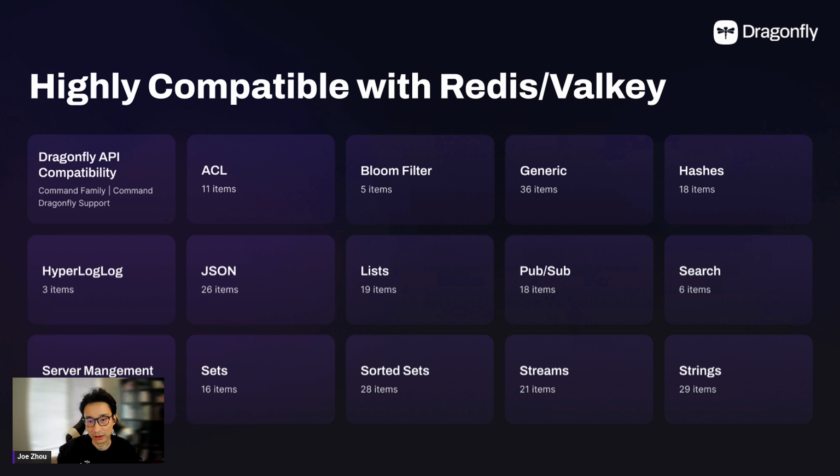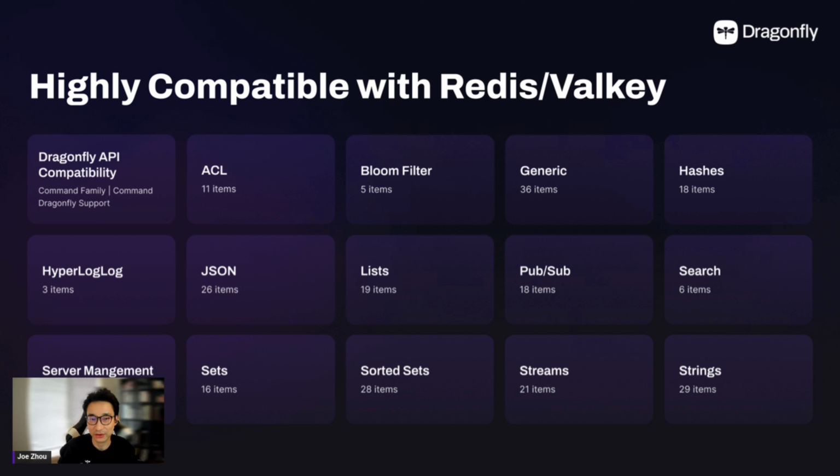But for the good parts, the Redis or nowadays Valkey API is awesome. Developers love it. I love it myself. It's very easy to use, super powerful, good for caching, good for other rich data structures as well. You can utilize it in your backend code. So we keep the API.